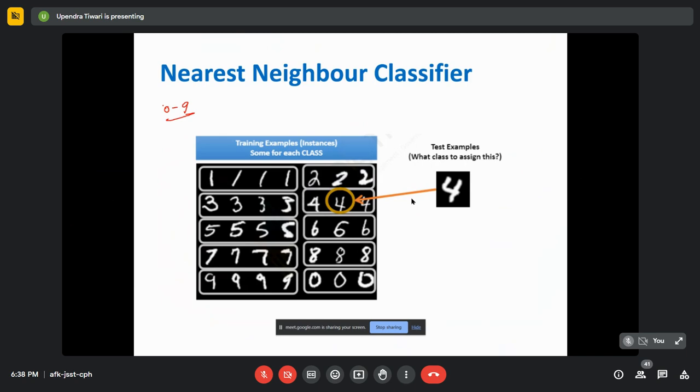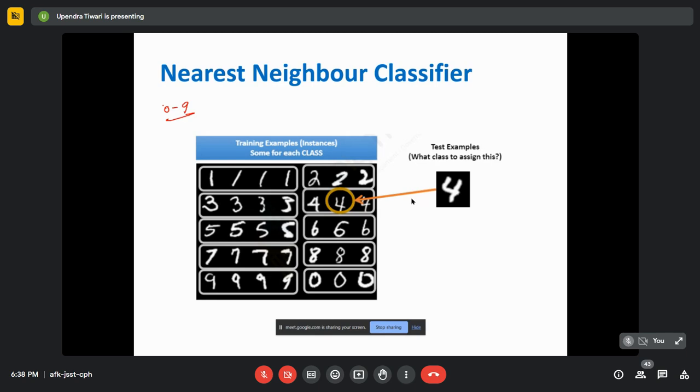It's a 10 class classification because we have 10 unique digits, 0 to 9.